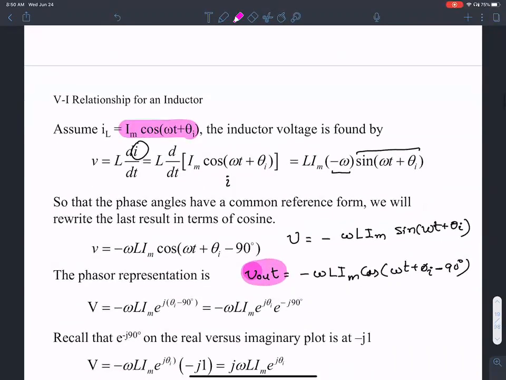So what you can see is that when you express it in its phasor form, this becomes the amplitude, and then all of this becomes the phase.